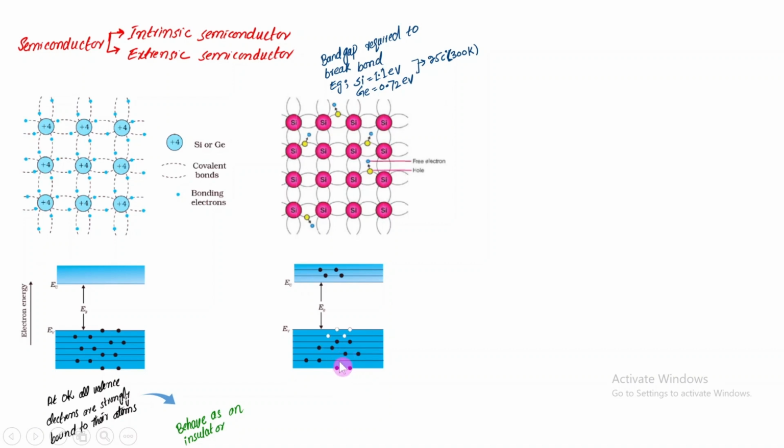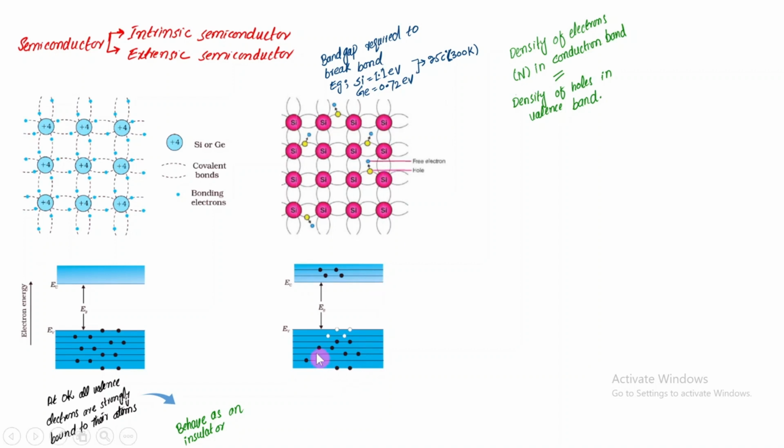If we provide external temperature, the electrons will jump from the valence band to the conduction band. In other words, if we provide external temperature to this material, the bond will break and the electron will be free. That free electron will be present in the conduction band, and behind its original position in the valence band, the holes will be present.